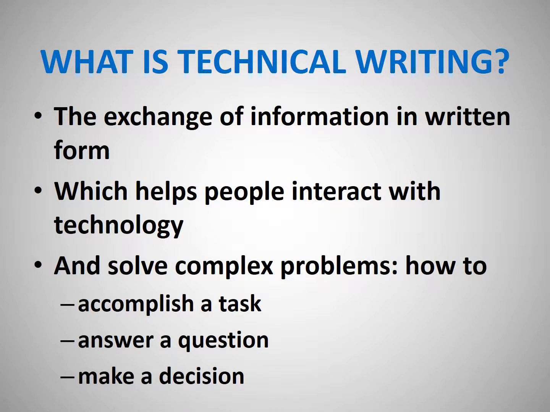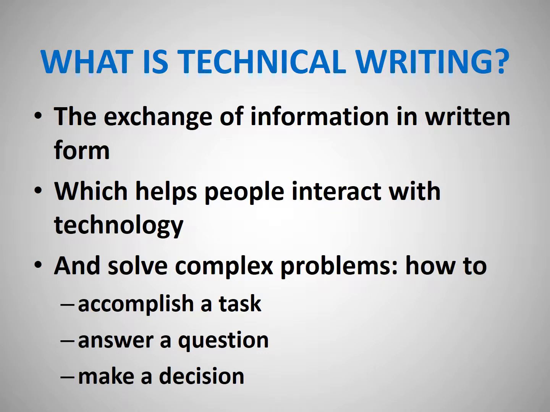Your writing is going to help people do something, not only interact with technology, but specifically accomplish a task, answer a particular question, or make a particular decision. So, this kind of writing that we are going to be focusing on is really very problem solving in that way, that you are helping people do something.